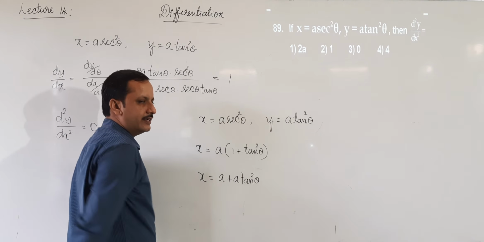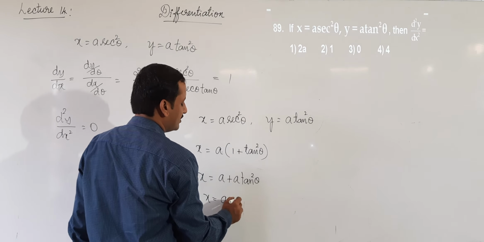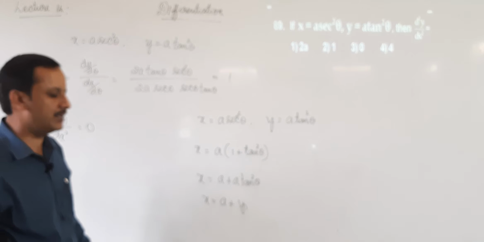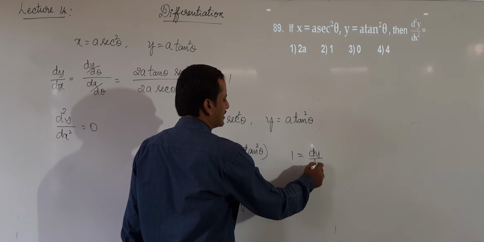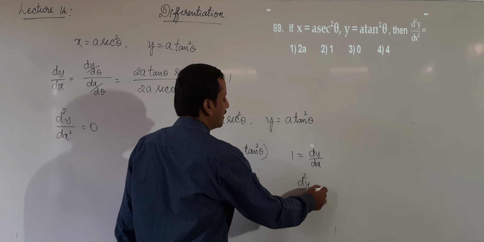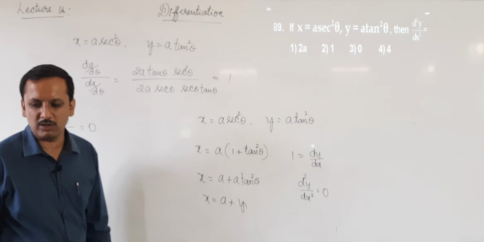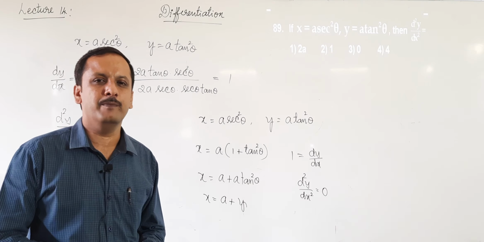Take this a inside. What is a tan square theta? A tan square theta is nothing but y. So, x is equal to a plus y. Now, differentiate this with respect to x. We get 1 is equal to dy by dx, or dy by dx equal to 1. Therefore, d square y by dx square is equal to 0. Third option.